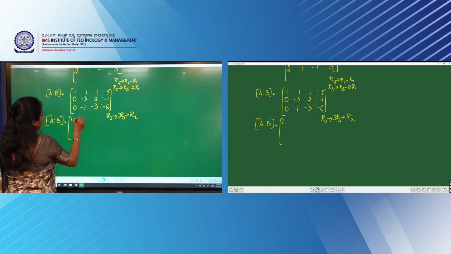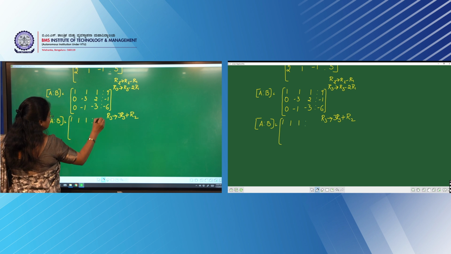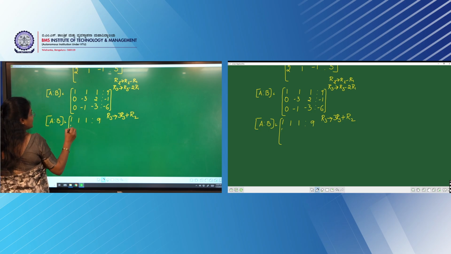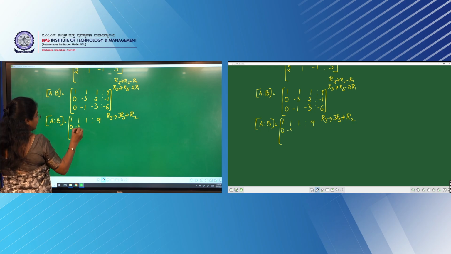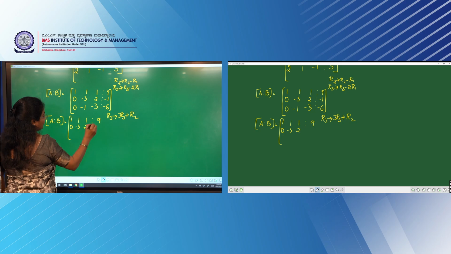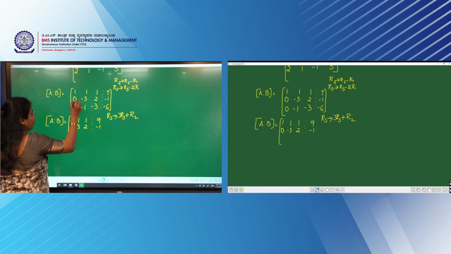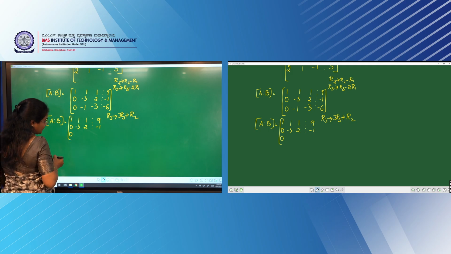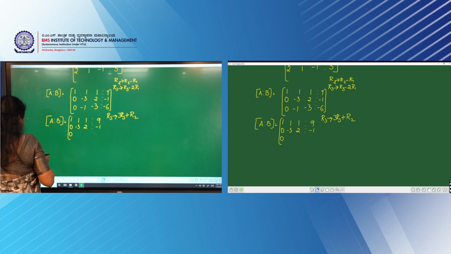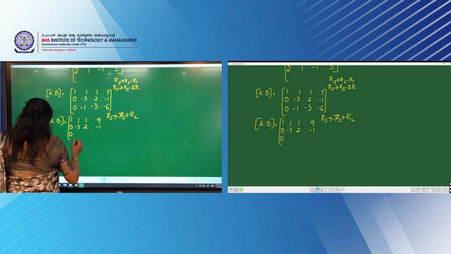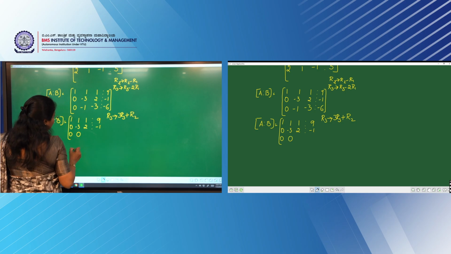I'm not changing R1, so write as it is. I'm not changing R2, write as it is. I'm changing R3. So 0 minus 0, 0. Minus 3, minus 3. So this is also 0.